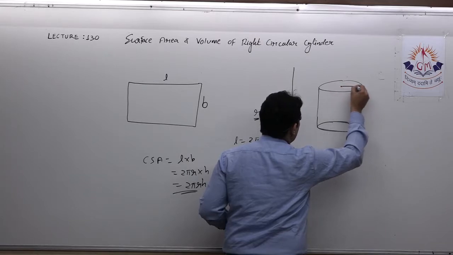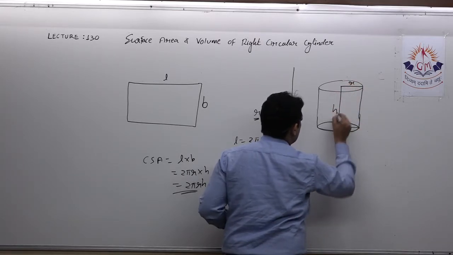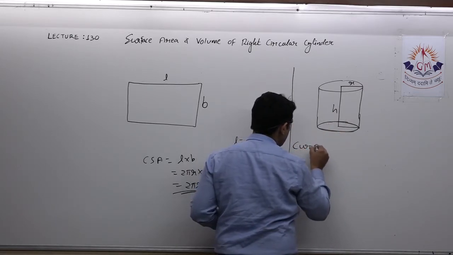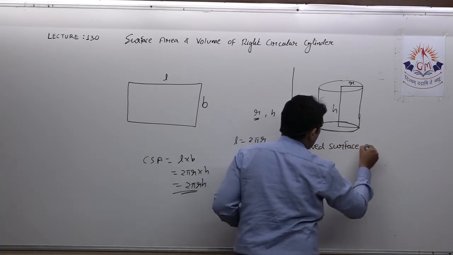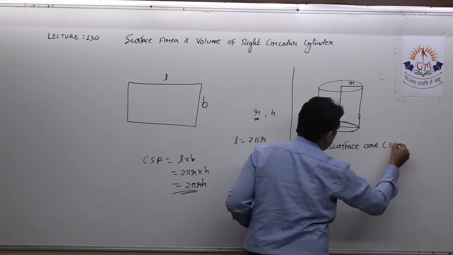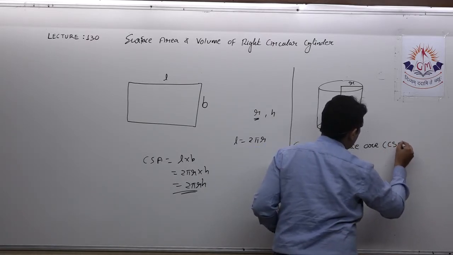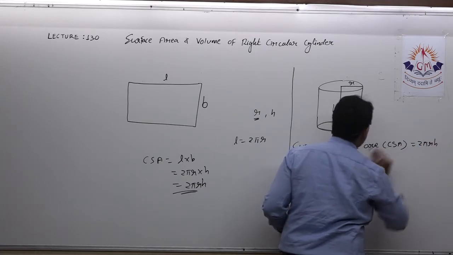This is the radius r and this is the height h. So first, the curved surface area, that is CSA, is 2 pi r h. This is the first formula.